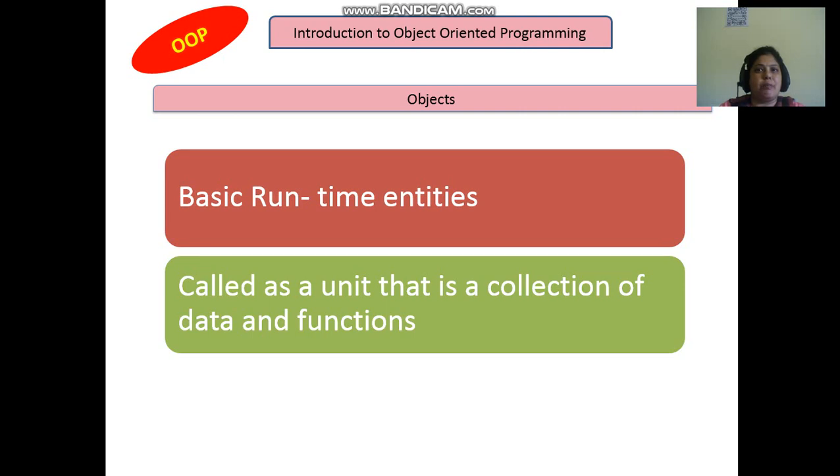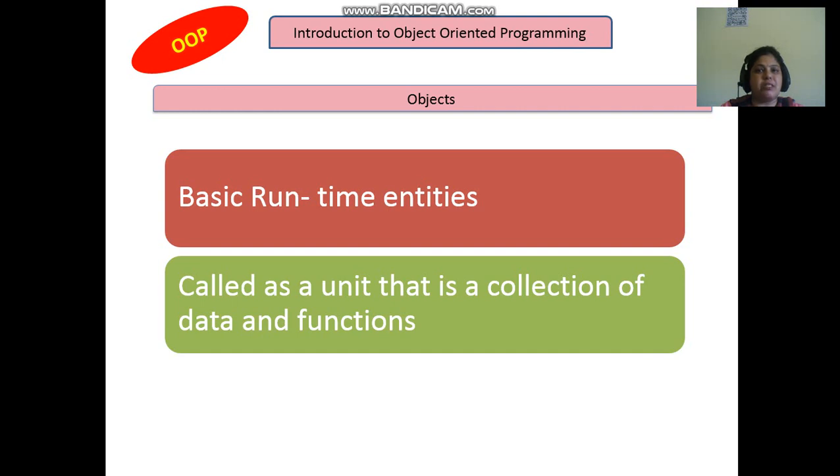Now the basic definition of an object is that it is known as a runtime entity. It is also known as a unit, which is a collection of data and functions together, as we have seen previously. Now why runtime entity? Keep in mind that an object is known as an entity because it collects data and functions, and it is a runtime entity because it takes space inside the memory at execution time, that is, at runtime.